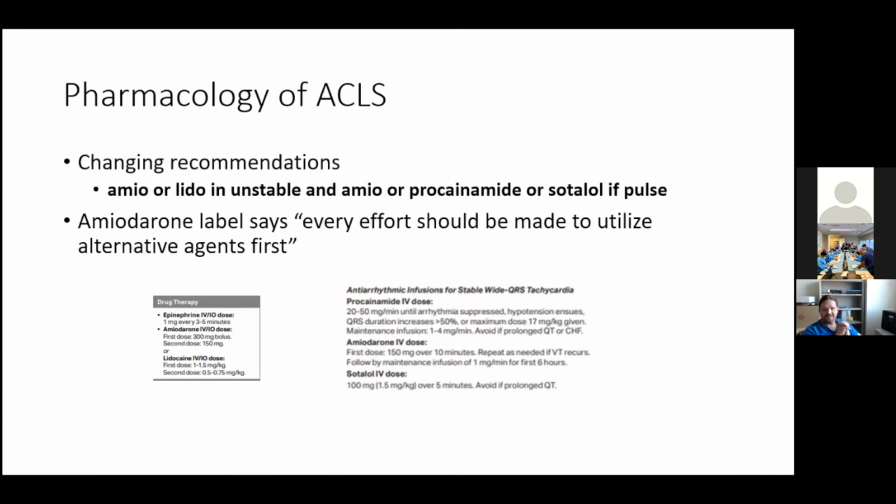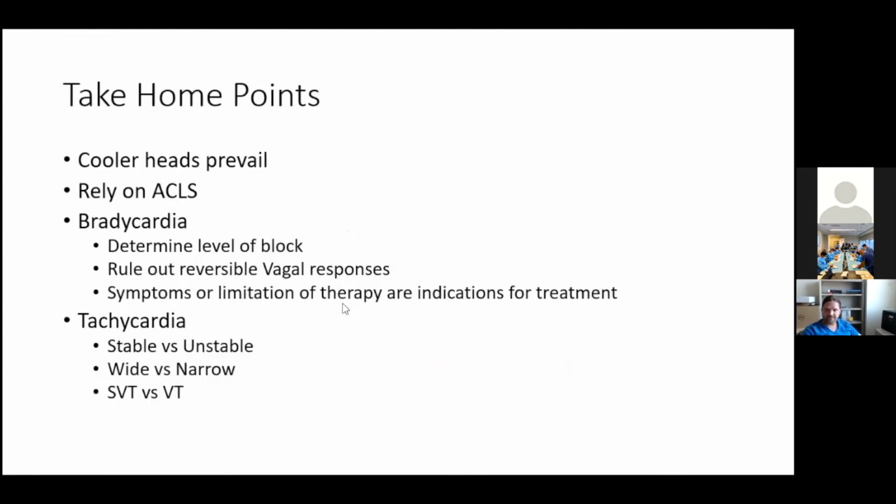So in arrest, it's a very reasonable first choice to use. It may be more effective than lidocaine, although there's some conflicting evidence. But once in a stable patient, you are using it on label, and the label says you should think about other things. And now the ACLS guidelines say to think about either procainamide or sotalol. These can be very, very good options to potentially treat the patient, and they will get out of the system quicker if we need to study the patient or do another treatment.